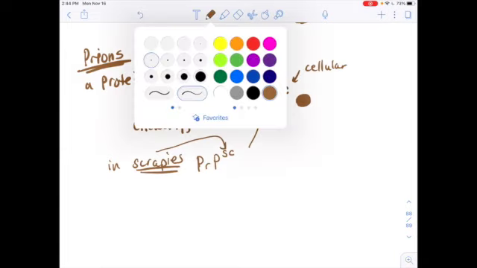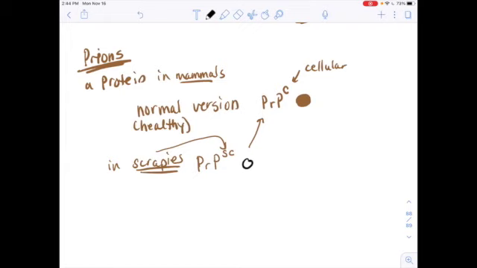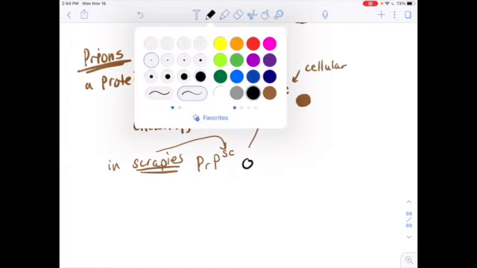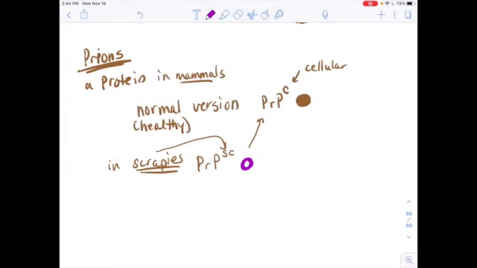PrP-Sc. What is so weird is that the messed up version, the scabies version, and the normal version have the same amino acid sequence.